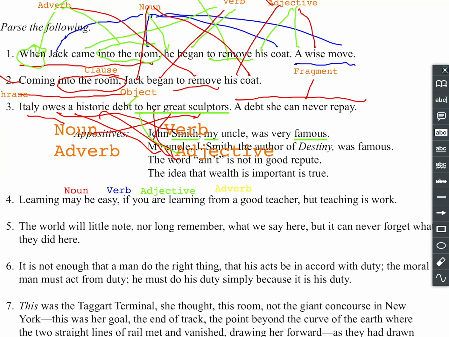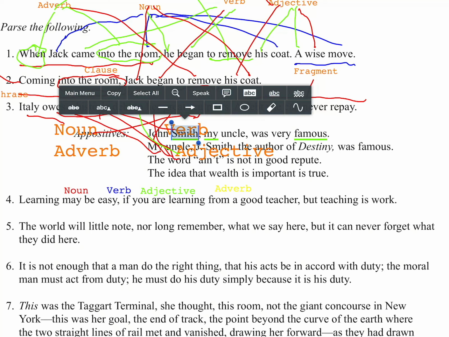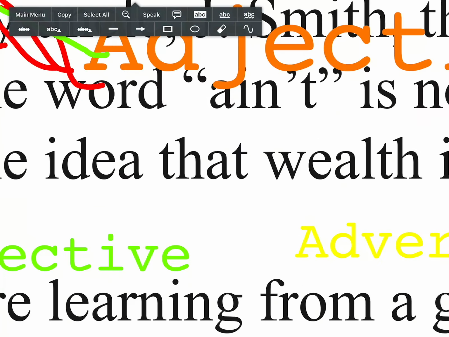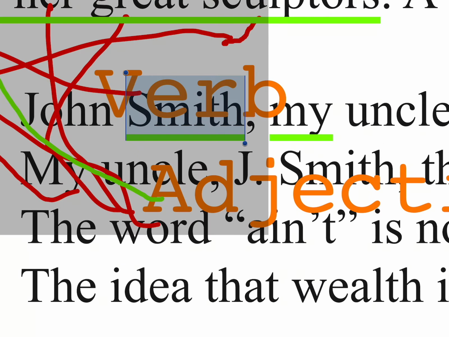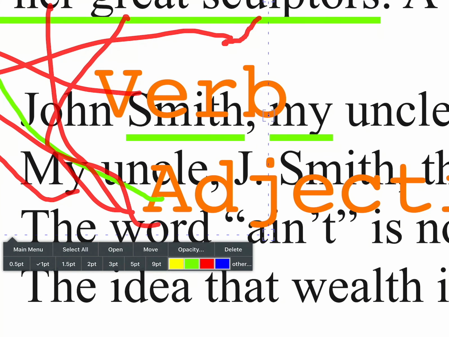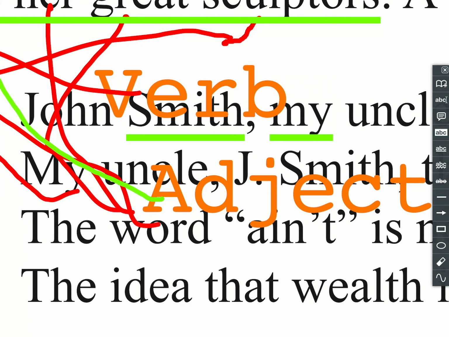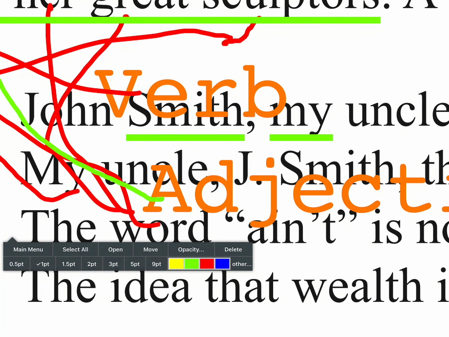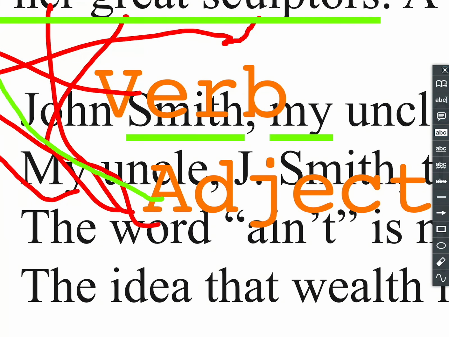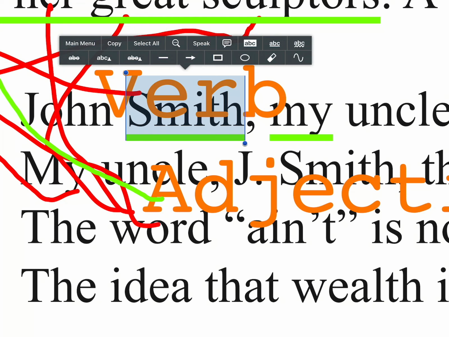Oh, is there an undo button? Mistake. I don't know what I just did. I'm gonna zoom way in. Alright, what I'm trying to do is select the word verb. It's not selecting the correct thing. Plus I've managed to highlight a word I didn't want to highlight.